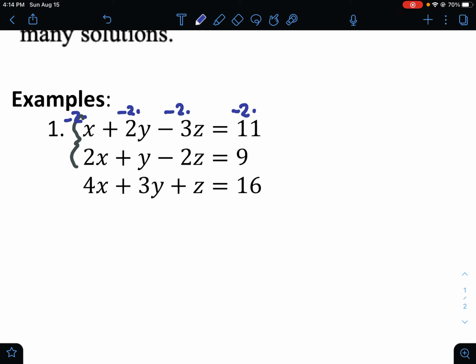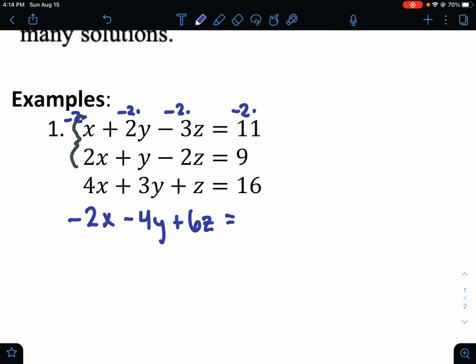I can't just do one thing. Everything has to be multiplied. So what will happen now is I have negative 2x. And then negative 2 times 2 is negative 4y. Negative 2 times negative 3 is positive 6z.